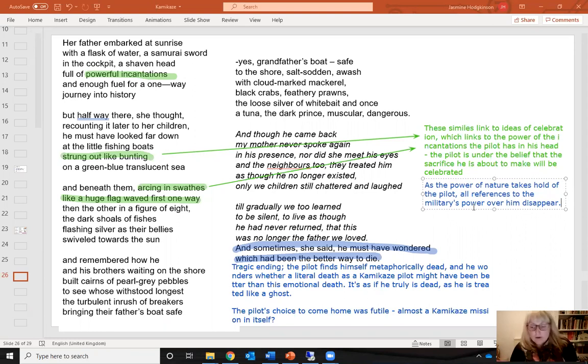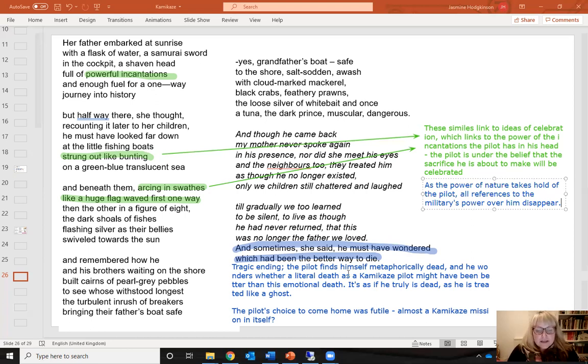Nature is proving to be more powerful than mankind because nature is causing him to lose all these preconceptions of what will happen to him or how his plight will be celebrated as he begins to take notice of all of the nature around him, and he starts to think to himself, why would I deprive anybody of being able to experience this? Okay, and that all comes into play as to how he turns around.